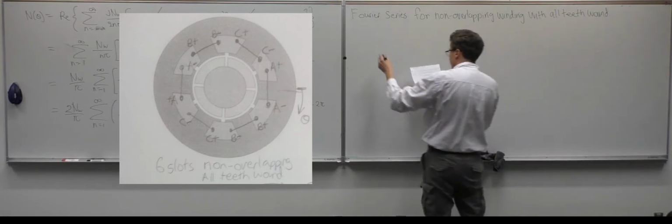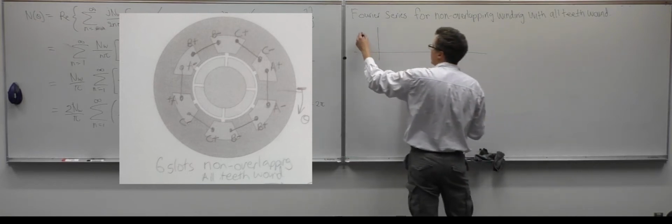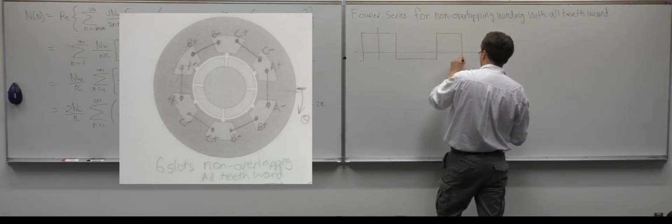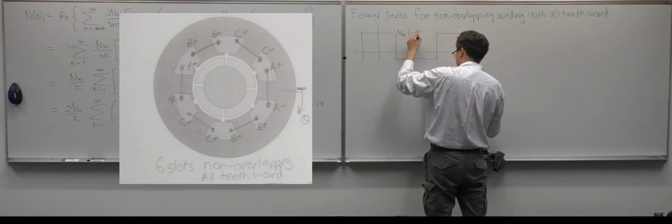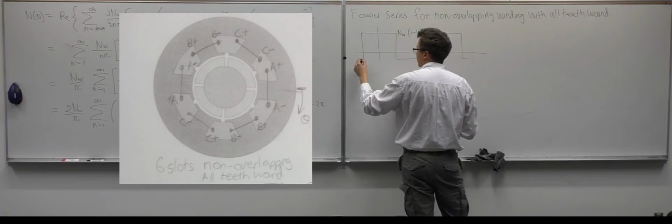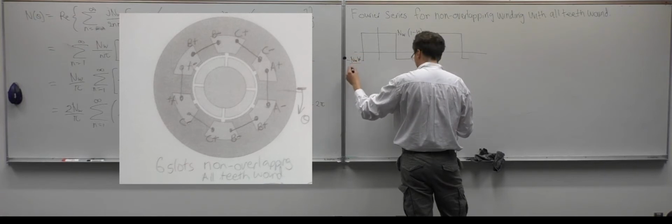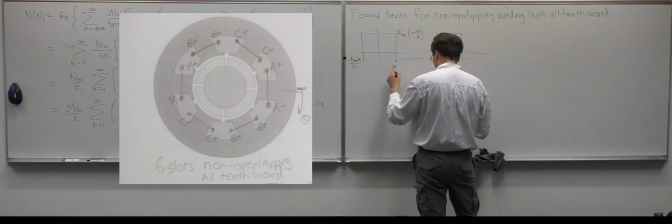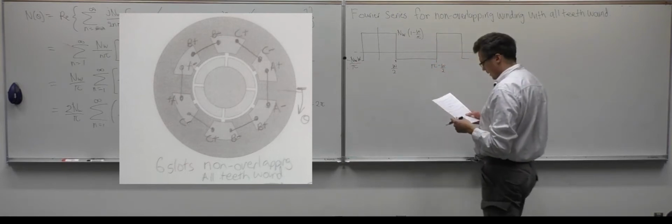So in this case, we had the winding function looking like this. So this was N W 1 minus W over pi, and the negative value here was minus N W, W over pi, and this is located at W over 2, and this is pi minus W over 2. So that's what we had.